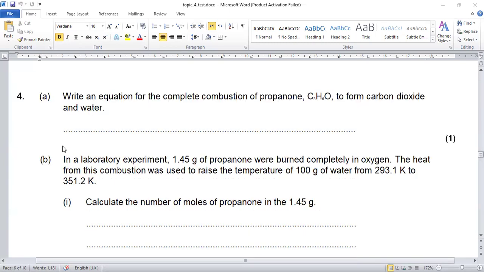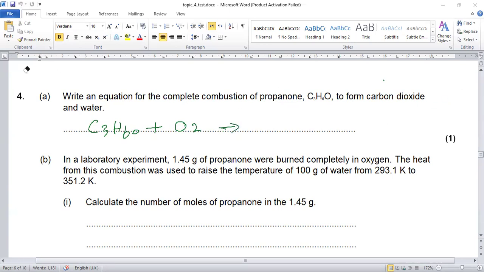Write an equation for the complete combustion of propanol, C3H6O, to form carbon dioxide and water. So C3H6O equals CO2 plus H2O. And then you have to, without oxygen, you have here all with oxygen firstly as the reactant.